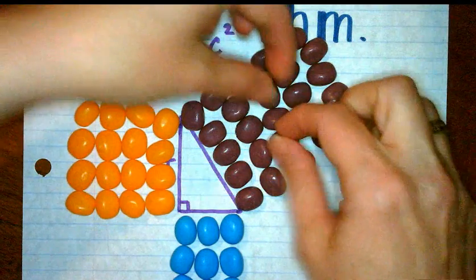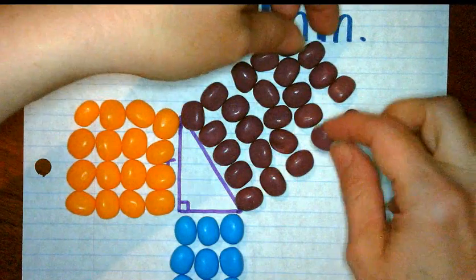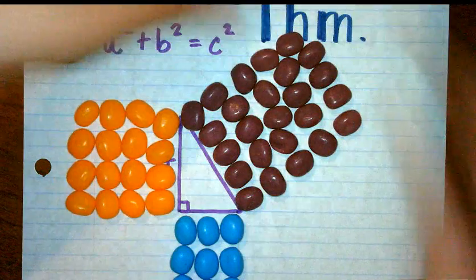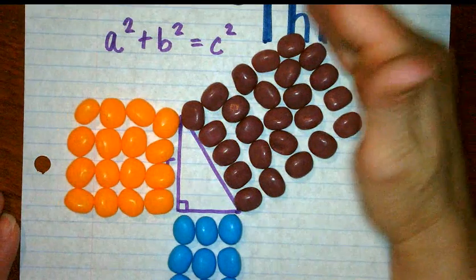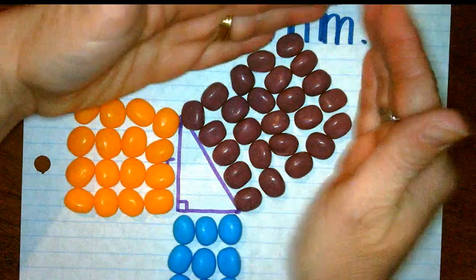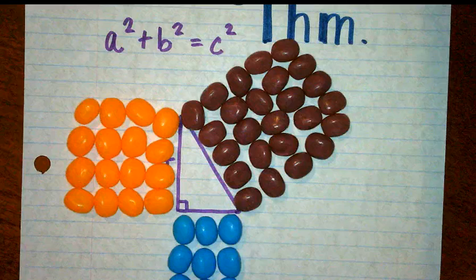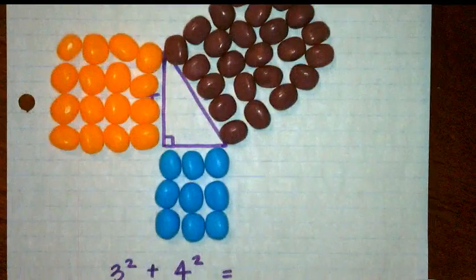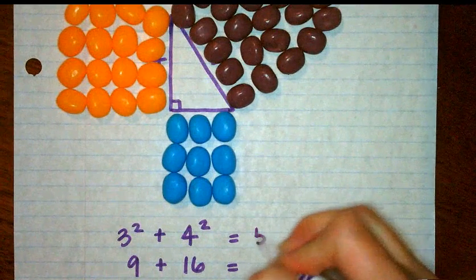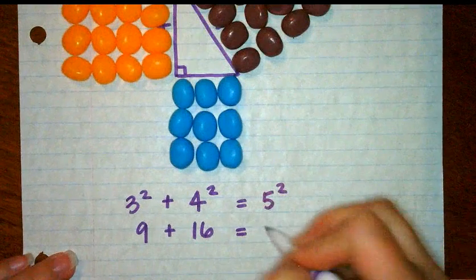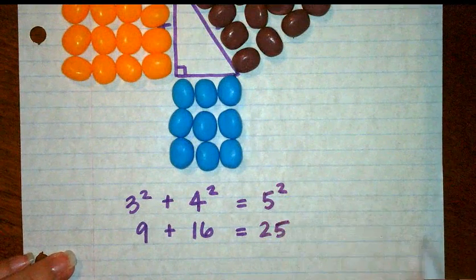I think I have them all there. They're not round, so they don't fit perfectly together. Let's see if we can smush them in a little bit. Over here in this square I have c squared, which was 5 squared, and I made 25 jelly beans.